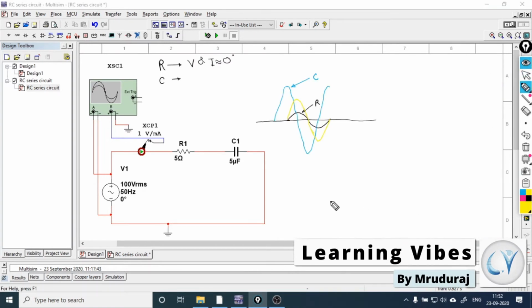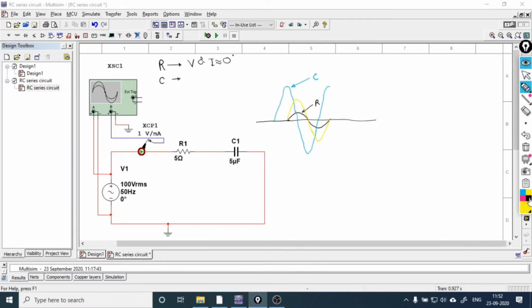Just observe that when the circuit is purely resistive, the waveforms of voltage and current are both in phase. But when the circuit is purely capacitive, the magnitude of voltage remains the same in both cases. At that time, current starts leading, and it leads by 90 degrees.